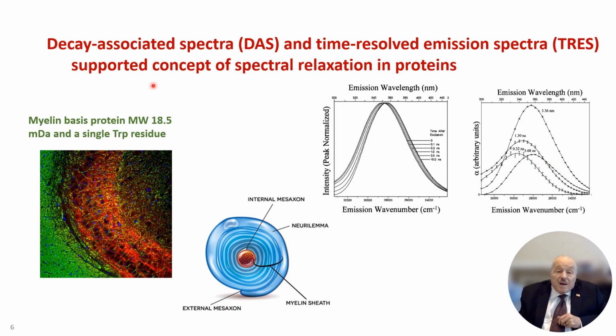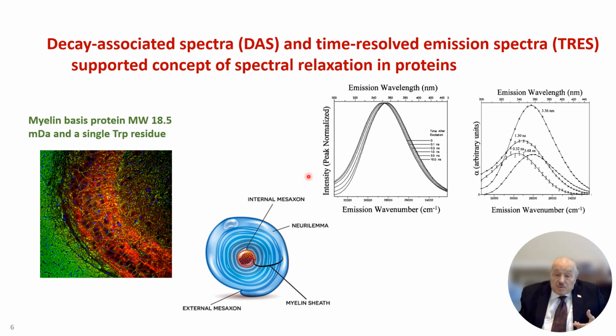The one that I mentioned briefly was myelin basic protein. It's the protein that surrounds the nerve cells, and it forms a sheath around them.